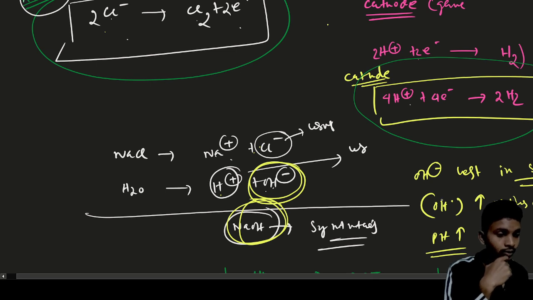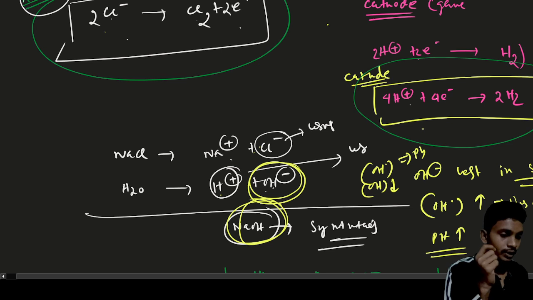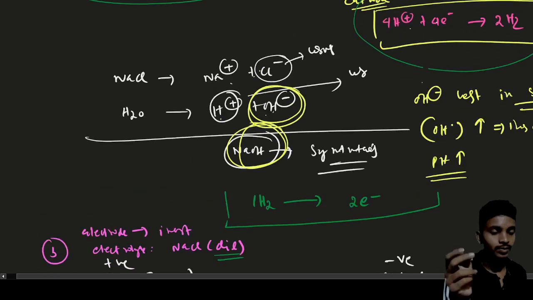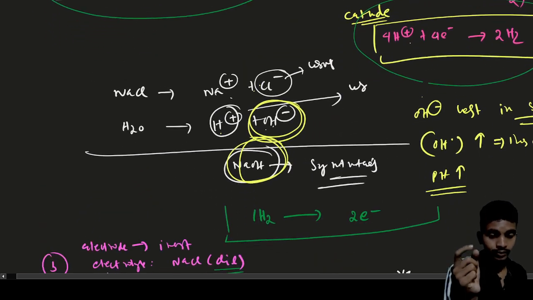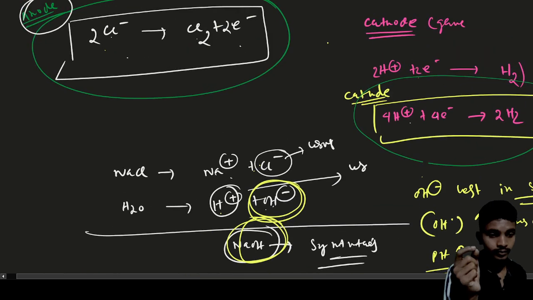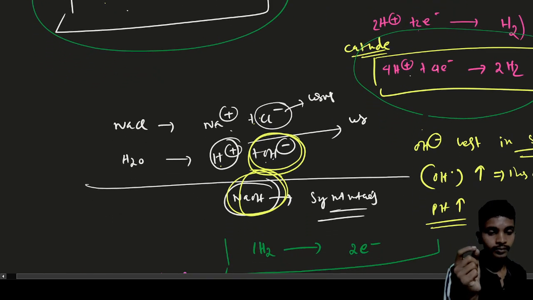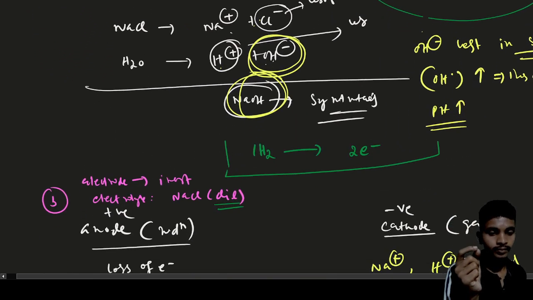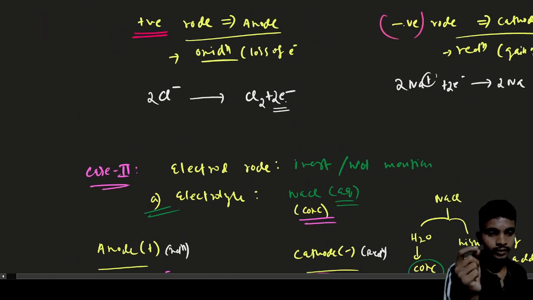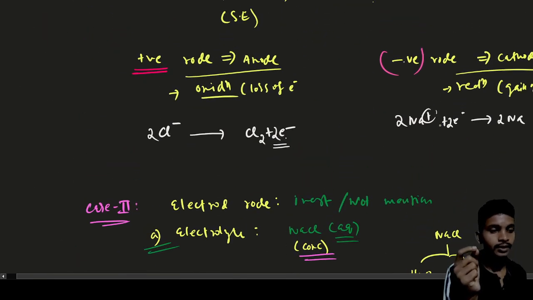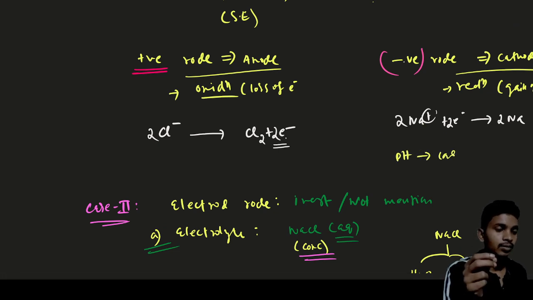Okay, because if OH- concentration increases then pH increases, and if OH- concentration decreases then pH decreases. So here pH of the solution is increasing. Similarly here, no water is there, so pH of the solution remains constant.